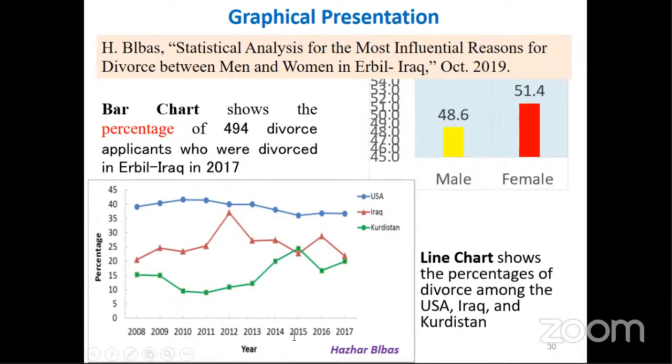Why in these 2 years? Because Daesh ISIS came to our region, and also a lot of people or employees became jobless, and it's not easy to find a job. That's why the percentage of divorce got higher and higher in those 2 years.